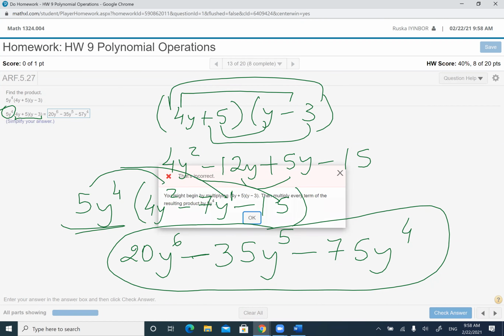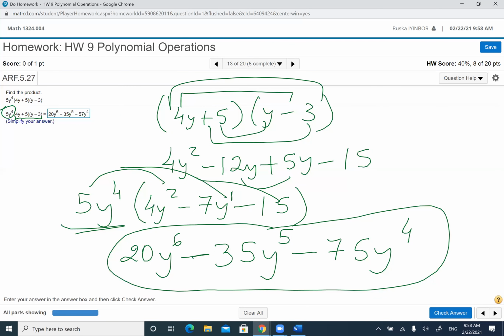Oh, I did it wrong. What did I do wrong? Let's see. 4y plus 5, y minus 3. Minus 12 plus 5 minus 15. Probably, oh. Instead of minus 75. Yes. I did that wrong, yes.